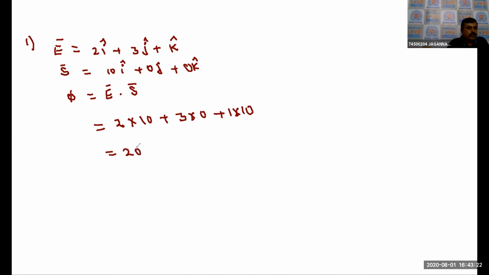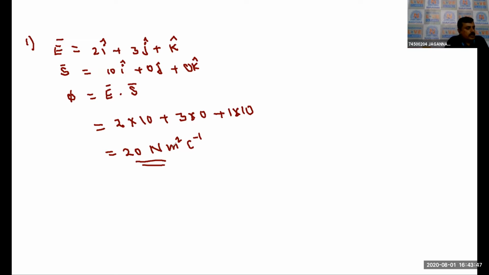This value is 20. Unit is Newton meter square per Coulomb. This is the first one. So in the given options, the second option is the correct option.